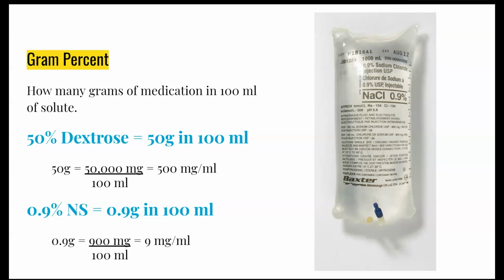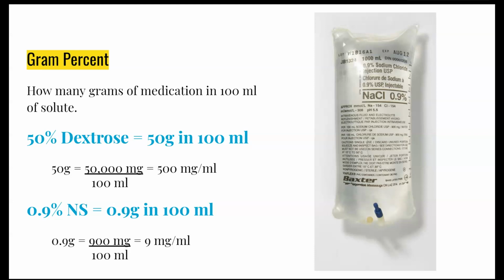Dextrose is probably your most important example, because if you're carrying D50 on your truck and you need to give a pediatric a weight-based dosage and you don't have your D25, you can make it work by diluting it, but you need to know how many milliliters of the D50 you're going to mix with saline. It's one of those just-in-case things, right?